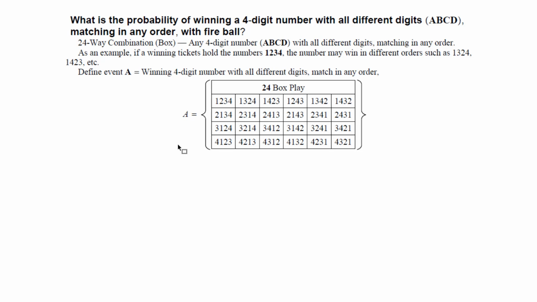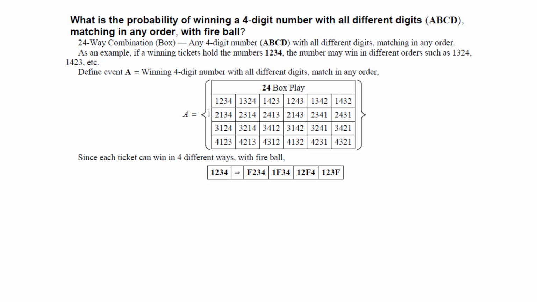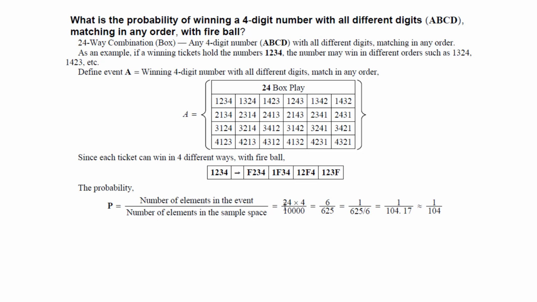And if we include the fireball, for each ticket we are going to have 4 winning tickets, and in such case we multiply 24 by 4 to get all the number of possible outcomes, and the probability is going to be 24 times 4 divided by 10,000, which is 1 chance out of 104 trials.